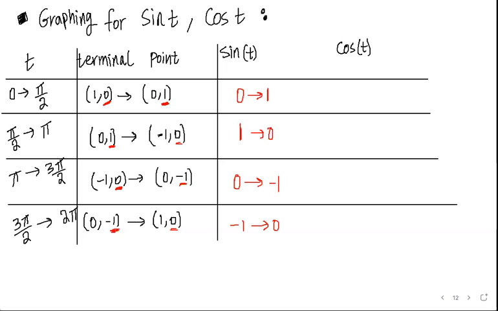Now for cosine, it is the x-axis. The x coordinate goes from 1 to 0. From 0 to -1. From -1 to 0.